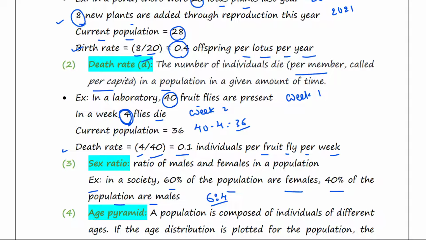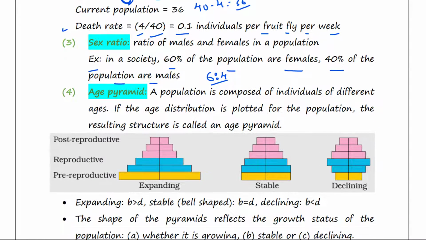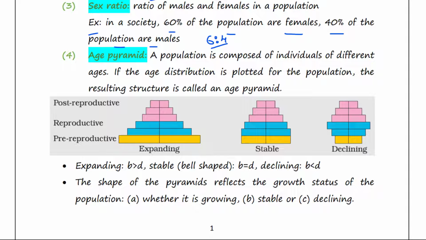Next is age pyramid. This is very important to understand. A population is composed of individuals of different ages. If the age distribution is plotted for the population, the resulting structure is called an age pyramid. So what is age distribution?